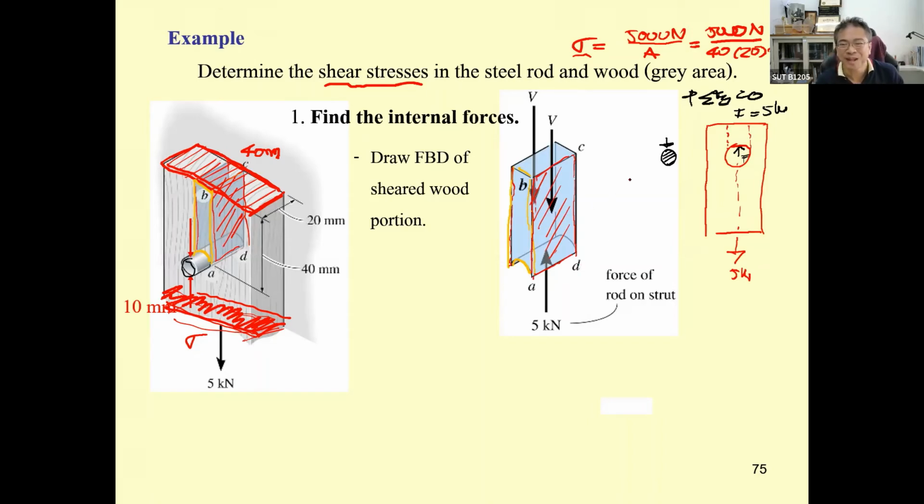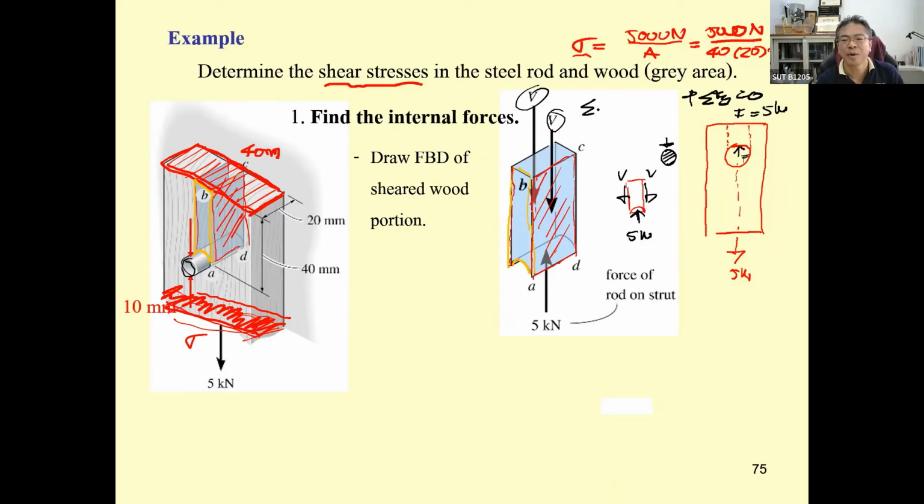So in this dimension, if you draw this one, it will be something like this, subjected to the force over here of 5 kilonewton, and then it will produce the shear force V and V over here.